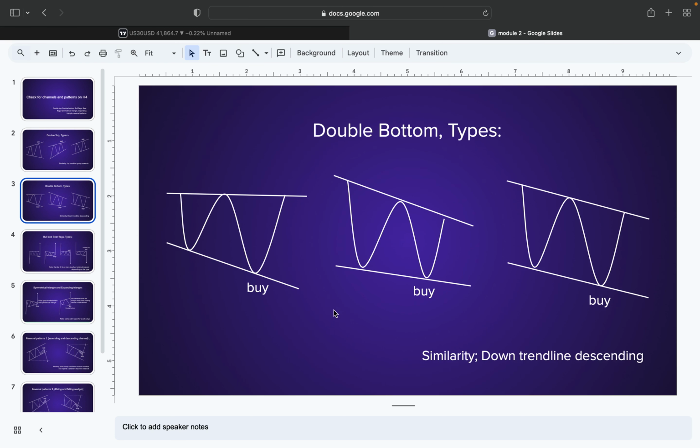With the double top, the uptrend line is ascending, and with the double bottom, the downtrend line is descending.